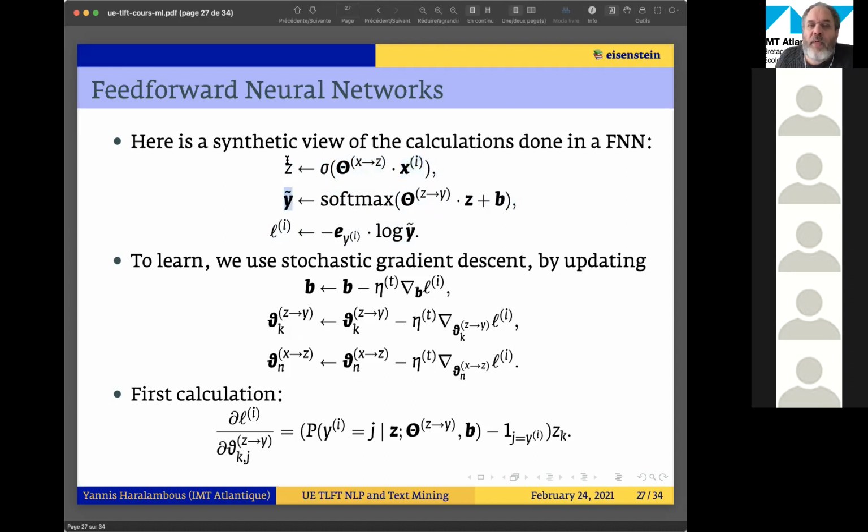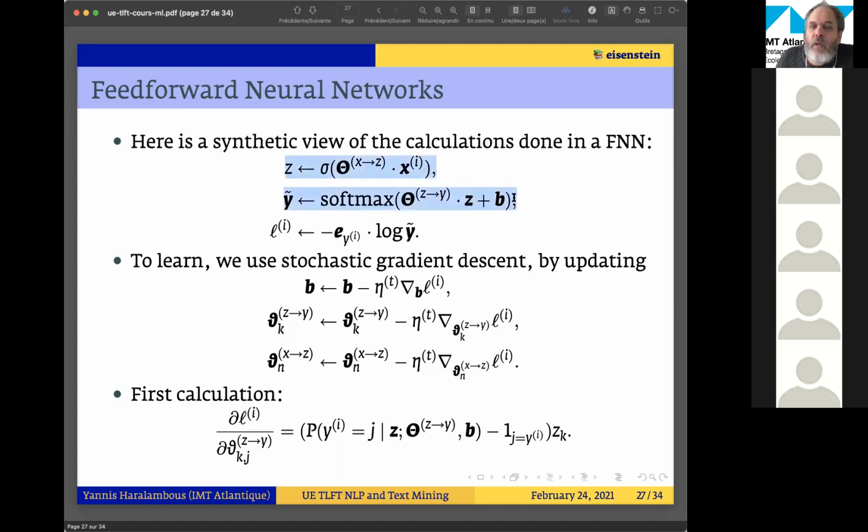Then the prediction is the model applied to second layer coefficients times what we obtained here. And here I need bold Z, sorry, error, plus the bias.